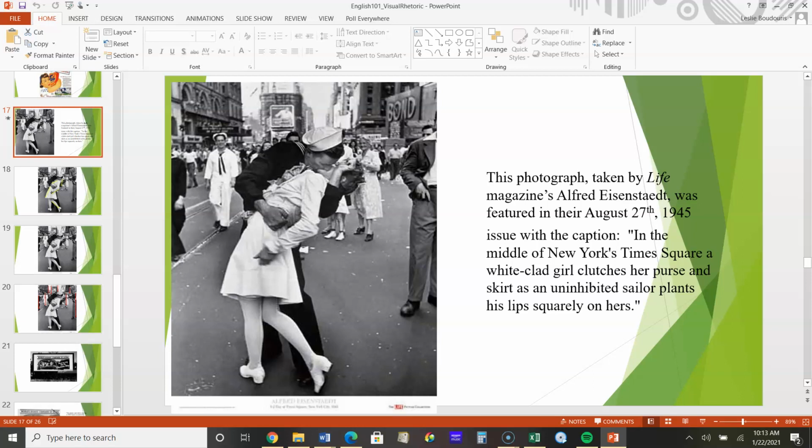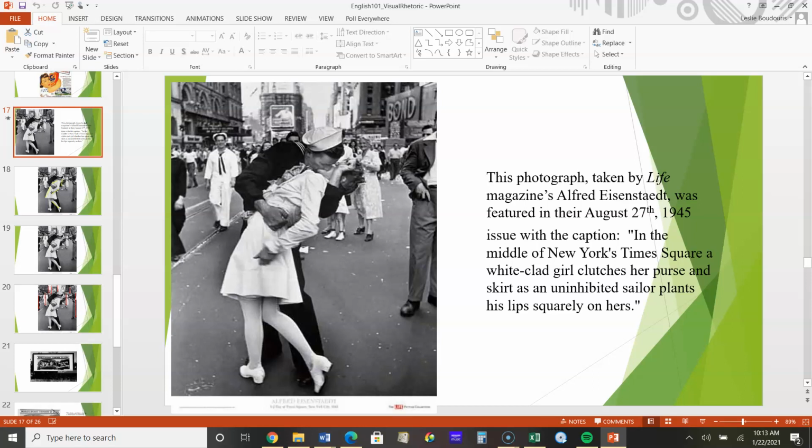This is a photograph taken in 1945, right after World War II. A lot of the people in the military, specifically the Navy here, were coming back after the war. And in the Life magazine where it was published, the author wrote, "In the middle of New York's Times Square, a white-clad girl clutches her purse and skirt as an uninhibited sailor plants his little Australian herds."